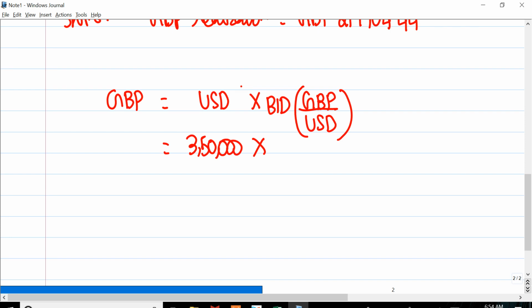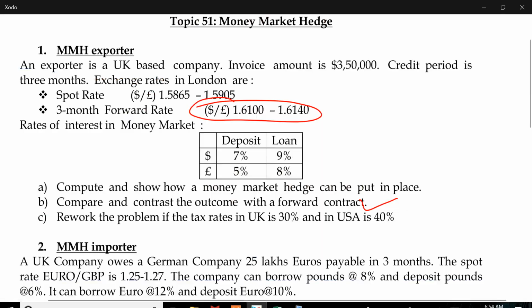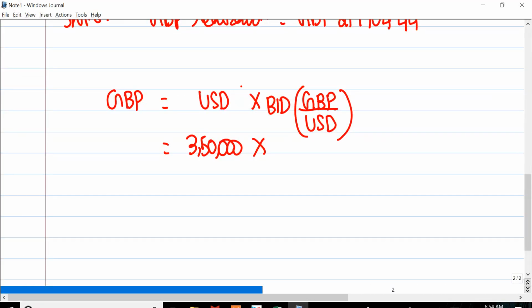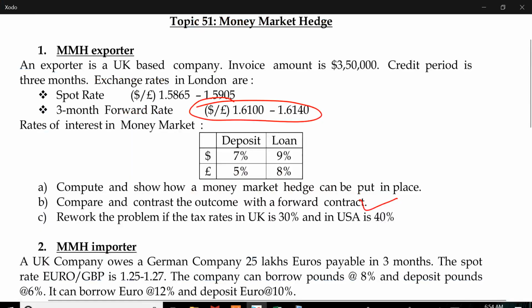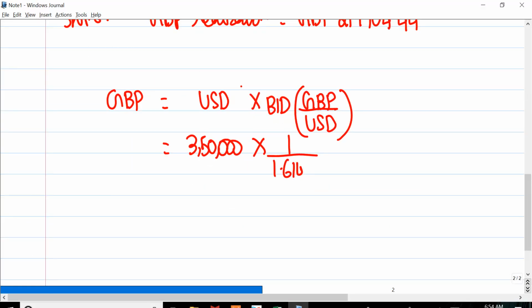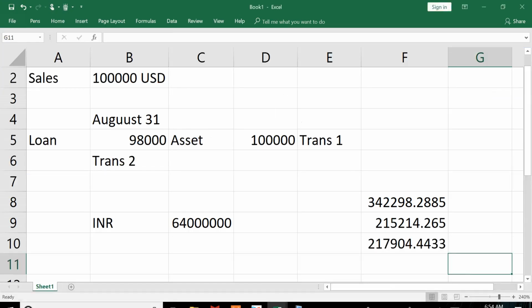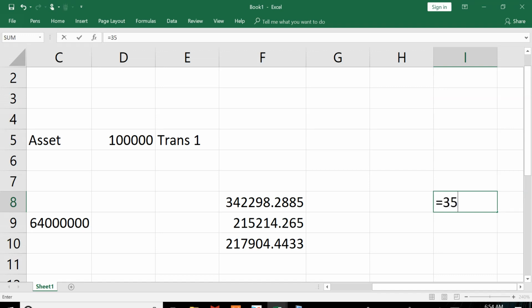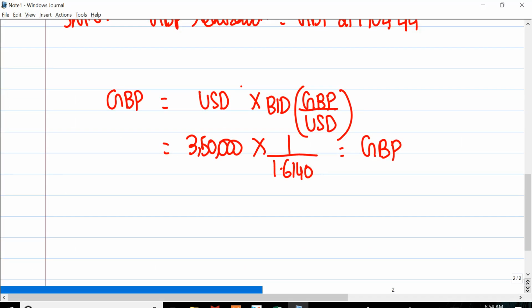Here you are doing the conversion only after 3 months. 3,50,000 into 1 divided by... 216,852 point.